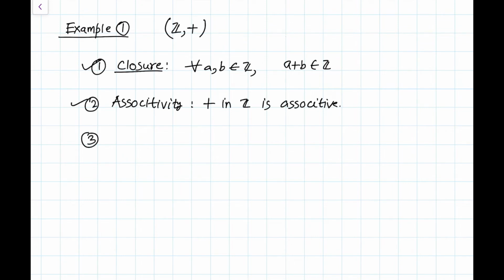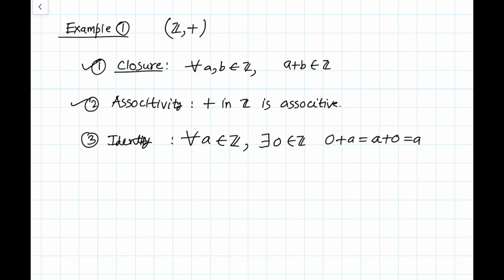Third, we check whether it has an identity. For all a in Z, there is a 0 element in Z which, when added to an element, gives the same element. So 0 is the identity.